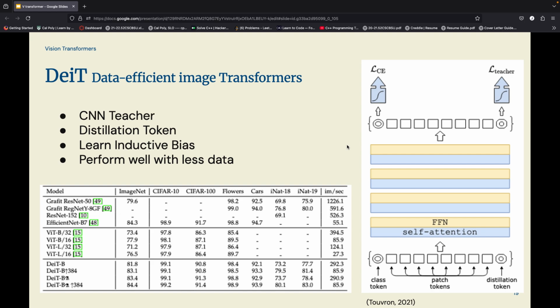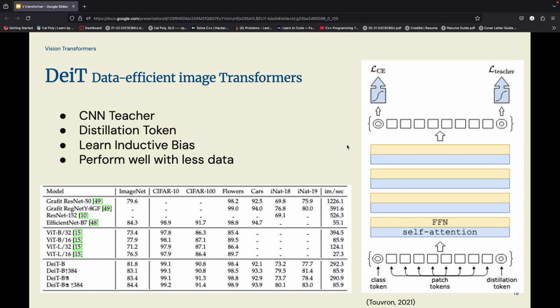And basically, in theory, the same token is subjected to backpropagation of a convolutional neural network, and because of how attention works, it kind of sways the general architecture of the vision transformer, or other patches, to behave somewhat like a CNN.